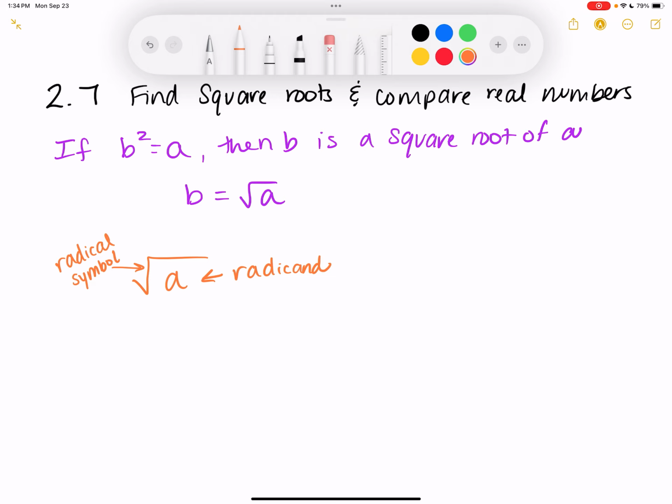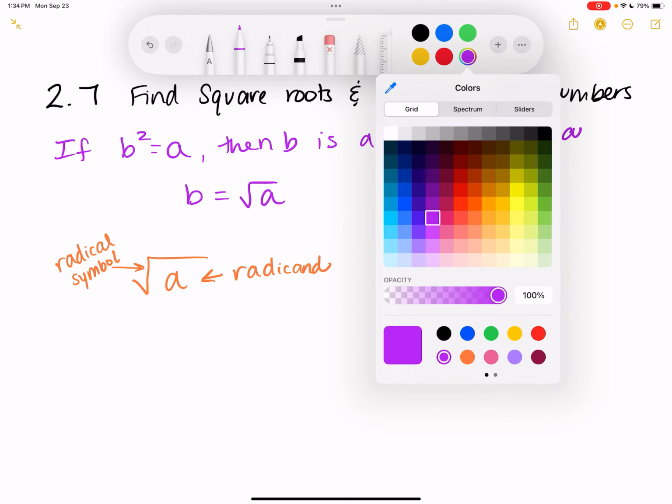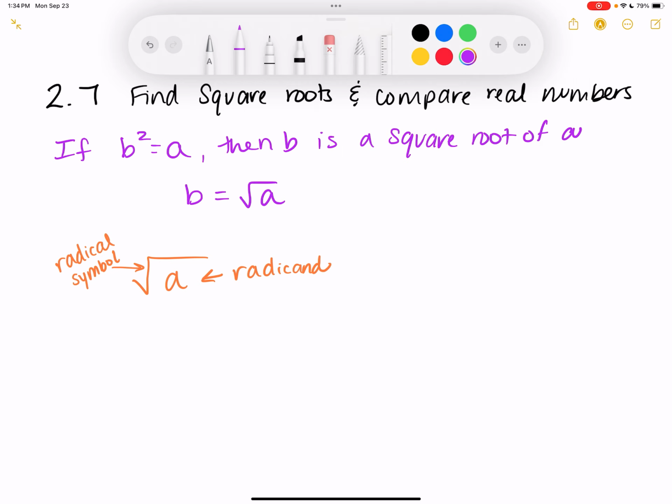Now, something that you need to be aware of is that all positive real numbers have two square roots.